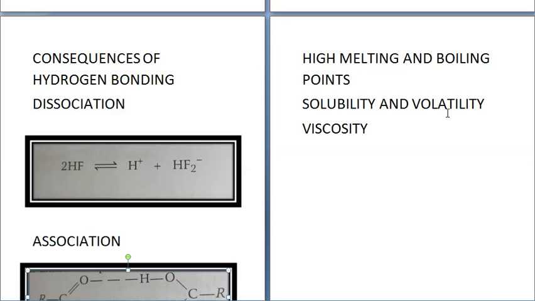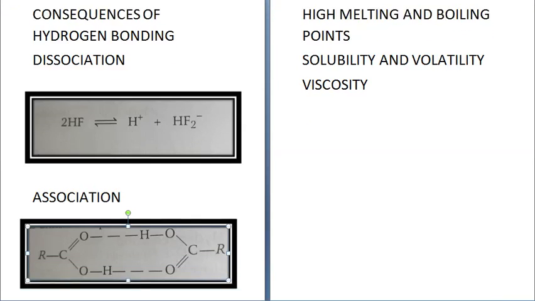Now next is viscosity. Intermolecular hydrogen bonding increases the viscosity of the compound. For example, glycerol is more viscous due to the presence of 3 OH groups, which can form a number of hydrogen bonds per molecule.